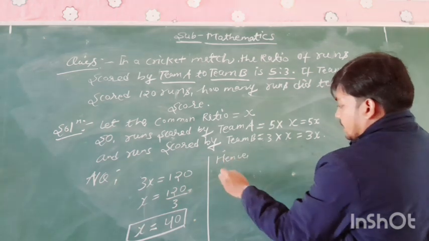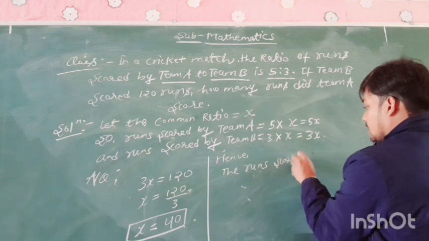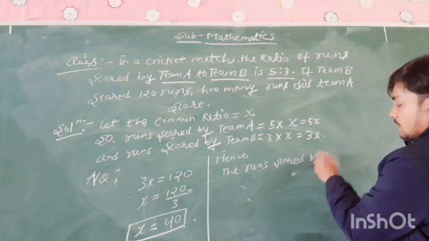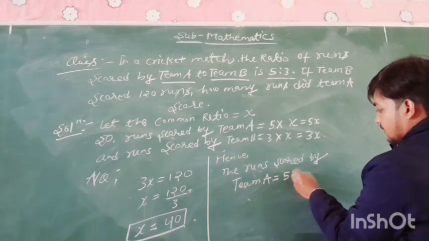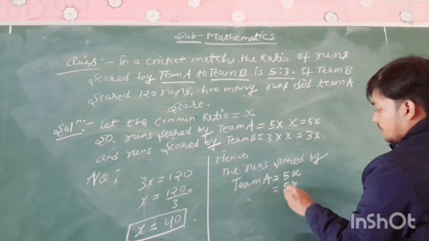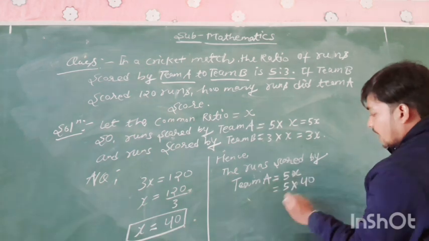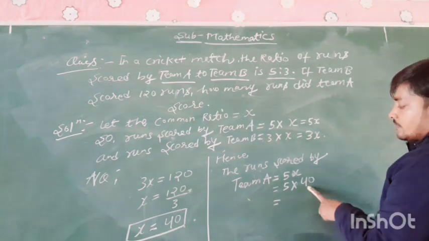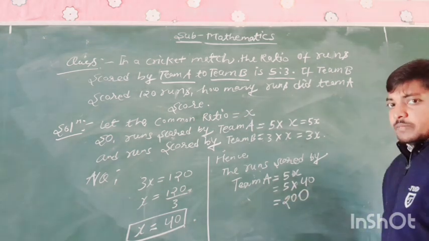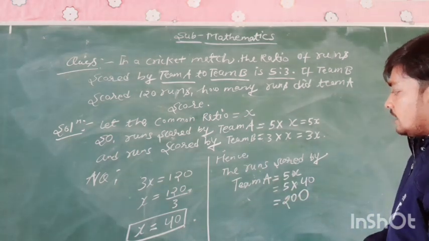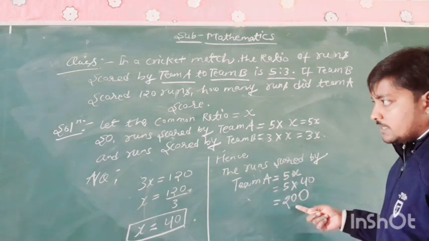Hence the runs scored by team A is equal to 5x, 5 into the value of x which is 40, 5 into 40, the product of 5 and 40 is 200. It means in a cricket match, the runs scored by team A is 200 runs.